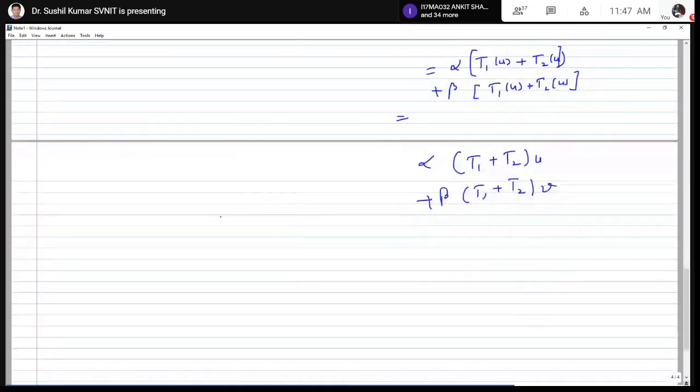Not only T1 plus T2, if you multiply it by any constant, means linear combination of T1 and T2 will also be linear. So I'm generalizing this case.